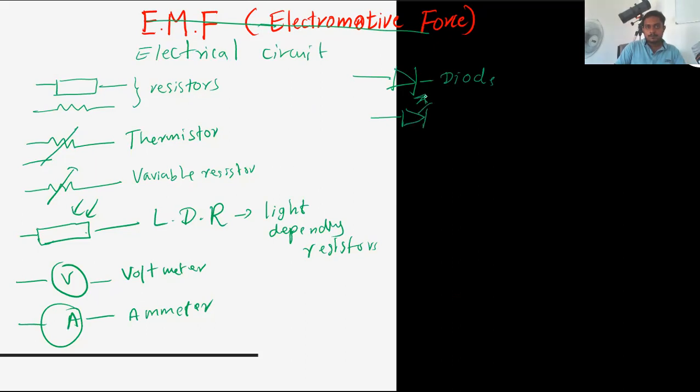Here, if you have two arrows this way, it is an LED, light emitting diode. If you have two arrows in this manner, we call it a photodiode.